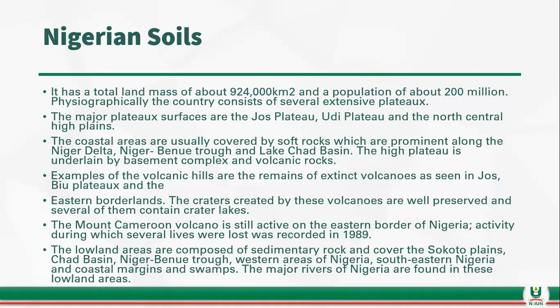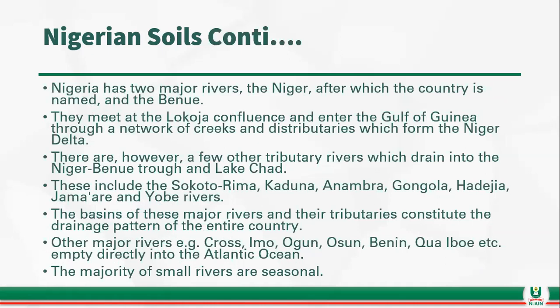The lowland areas are composed of sedimentary rocks, and cover the Sokoto Plains, Chad, Niger Benue Trough, as well as western areas of Nigeria, southeastern Nigeria, and coastal margins and swamp. The major rivers of Nigeria are found in these lowland areas.